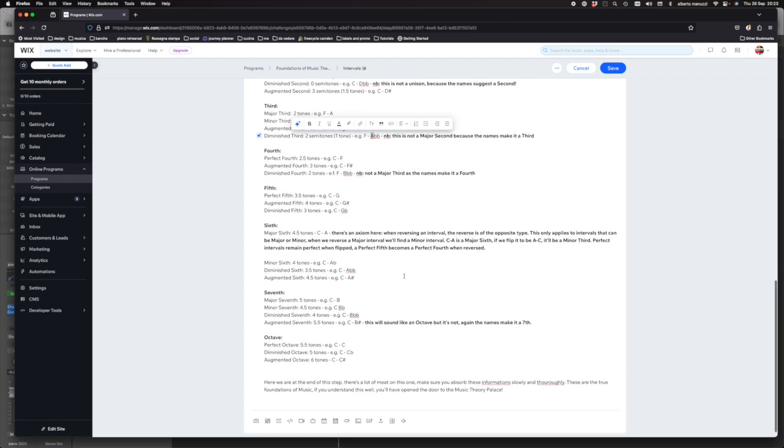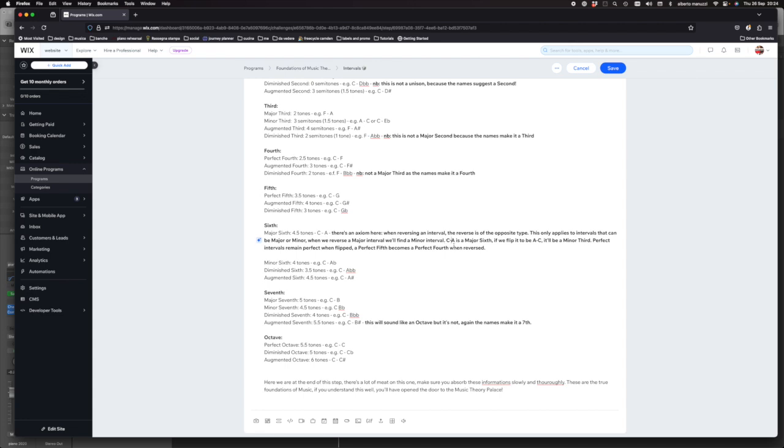Fifths and sixths, 4.5 tones, C to A. There's an axiom here. When reversing an interval, the reverse is of the opposite type. This only applies to intervals that can be major or minor. When we reverse a major interval, we'll find a minor interval.